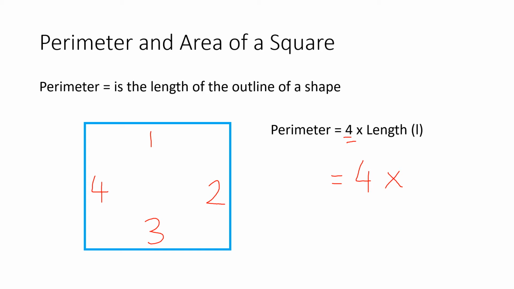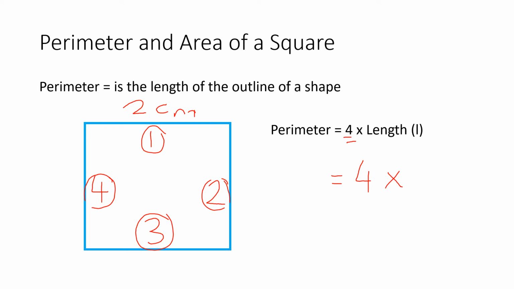So if we know the length of side number 1, say for example it's given as 2 centimeters, that means we know the length of the other sides, because a square has 4 equal sides. That means the length of side 2, side 3 and side 4 will also be 2 centimeters.